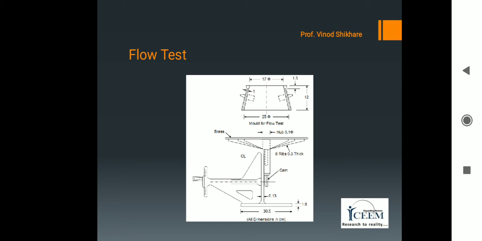The height of the mold is 12 centimeter, and the flow test apparatus is as shown in the figure, which is used in the lab only. This is all about the flow test for measuring workability of concrete.